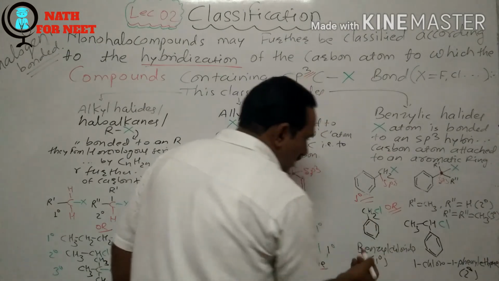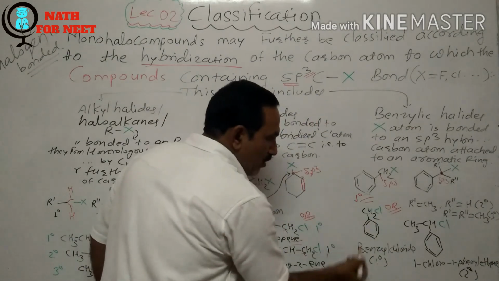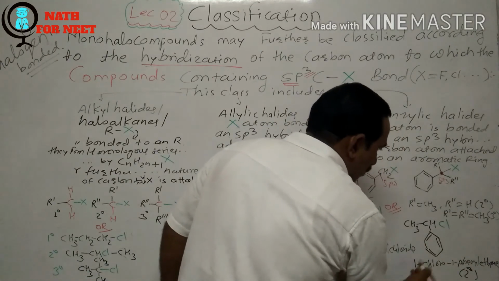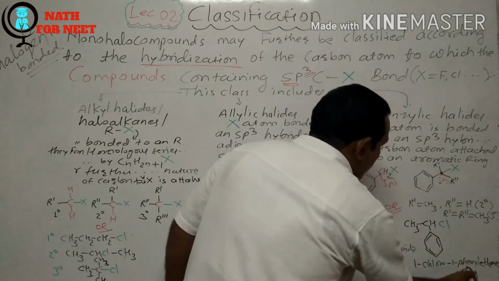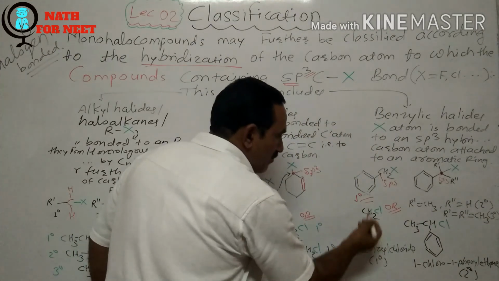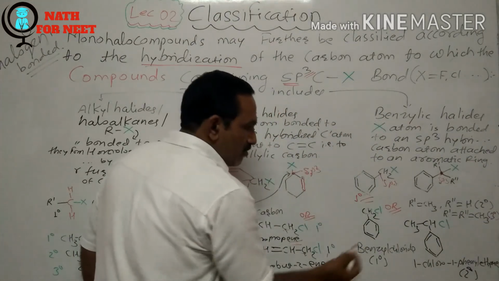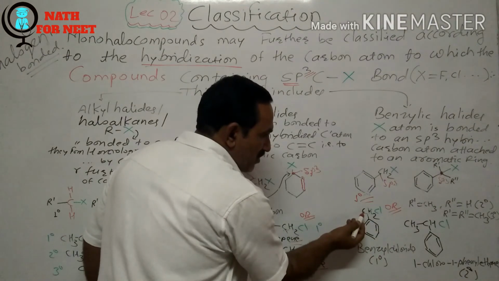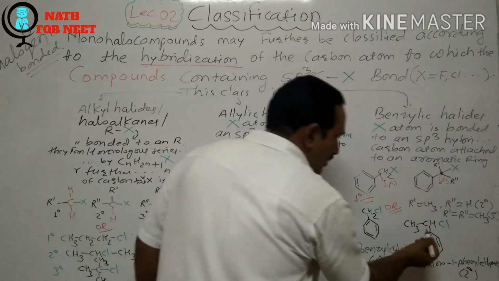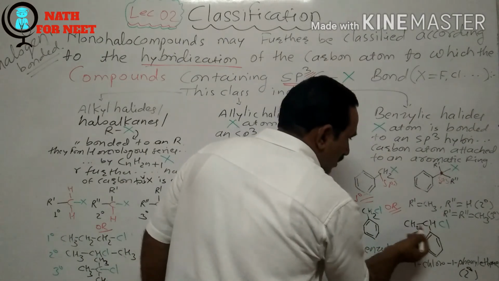So the specific examples are like benzylic chloride here, and this is 1-chloro-1-phenylethane. This is the second degree benzylic halide, and this one is the first degree benzylic halide. Because this carbon is attached to only one other carbon, and this carbon is attached to two other carbon atoms.